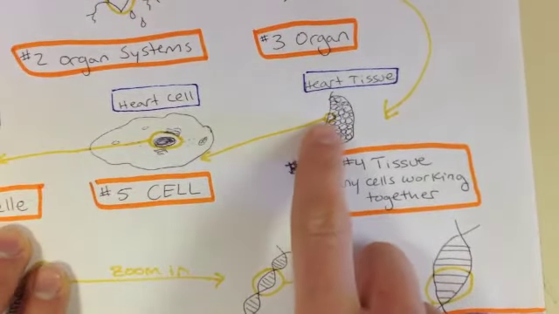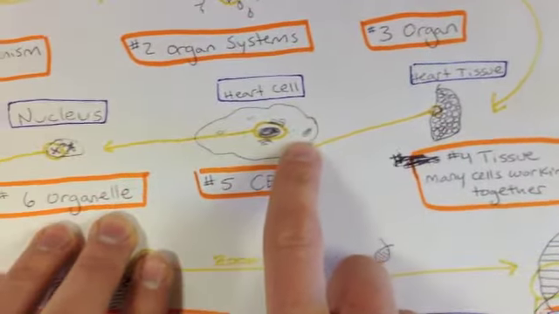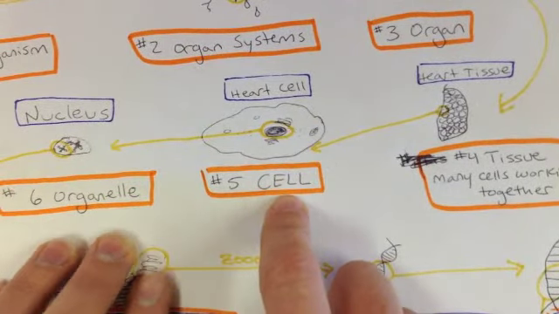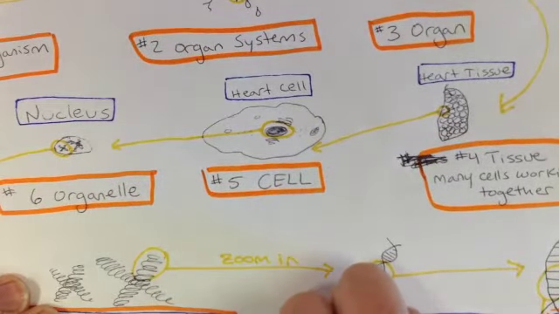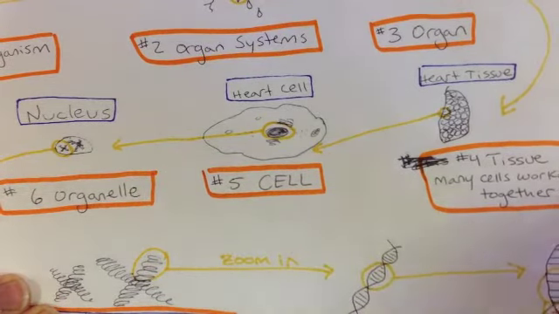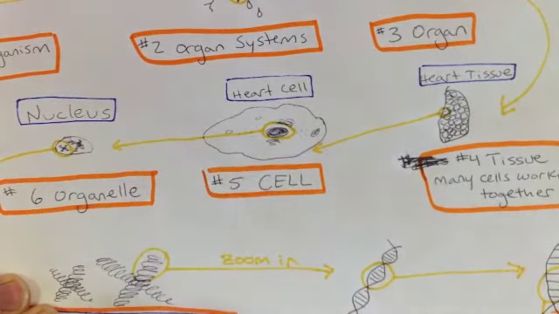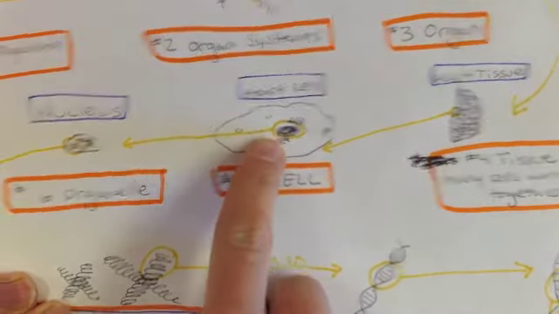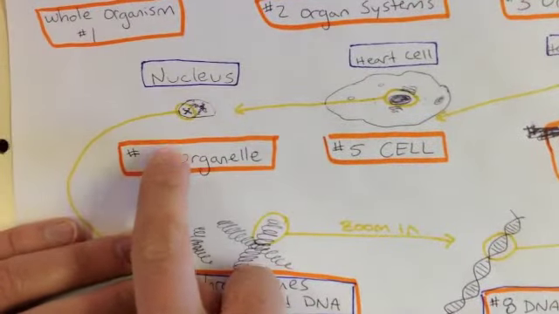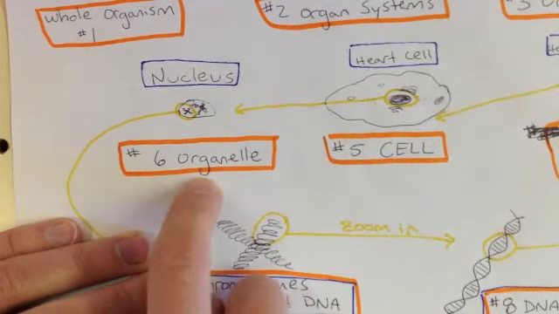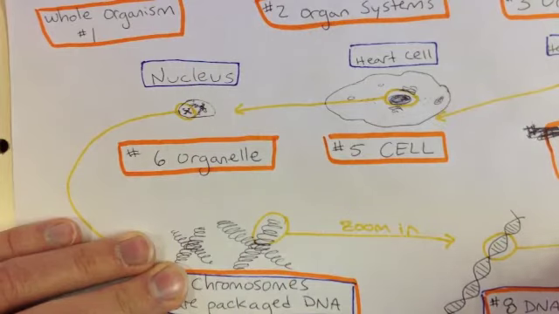Now, if you take that tissue and you were just to take out one piece of it, you would get a cell, a single cell working within that heart tissue or that lung tissue, whatever tissue is in the system we're looking at. Now, inside of that cell, there's different organelles, all doing jobs for the cell, but we decided to look at the nucleus, which is one organelle, level 6, inside of the cell.